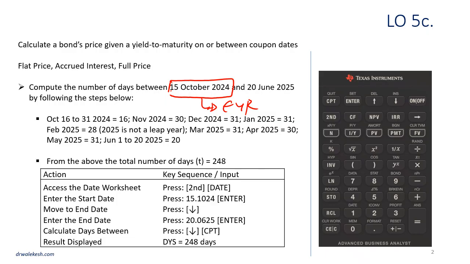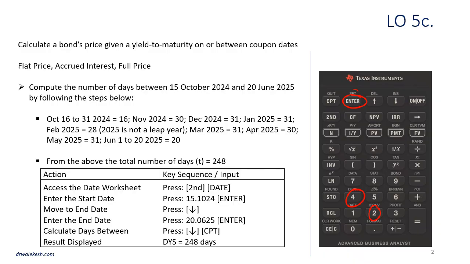So if you have, then you would type 15, that's 15th, then dot, October, that's 10. You would press 10. 2024 is just the last two numbers we need, that's 24. So you would press 24. Please do not forget enter.